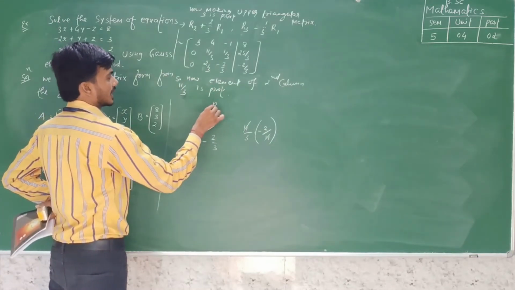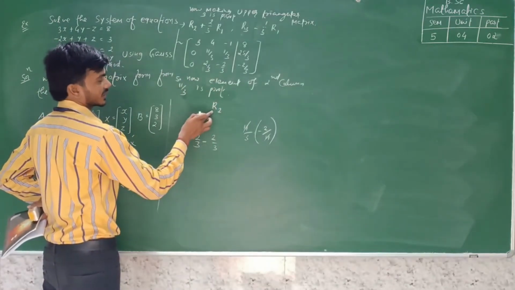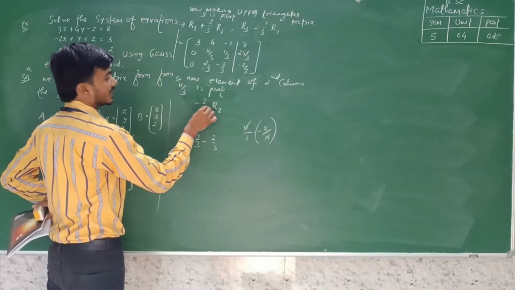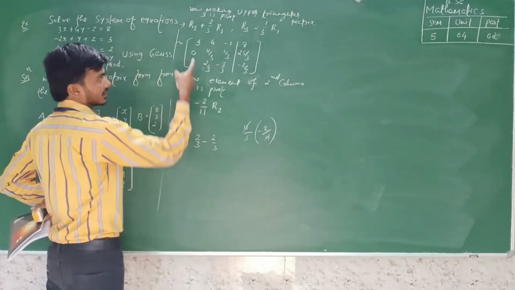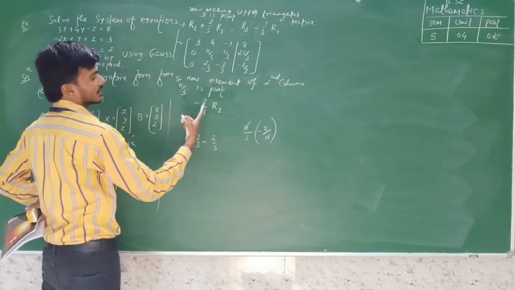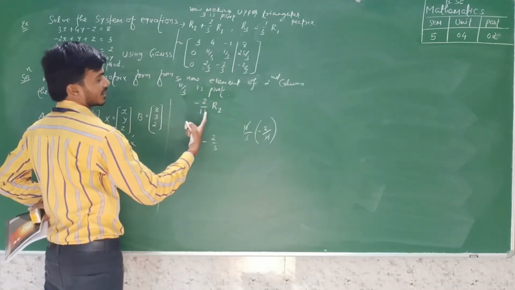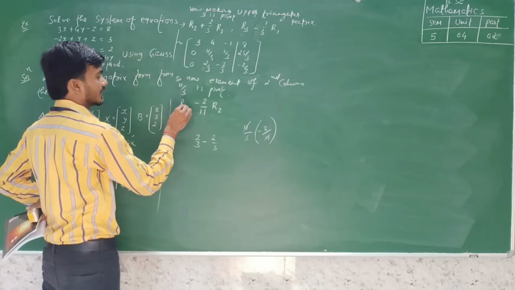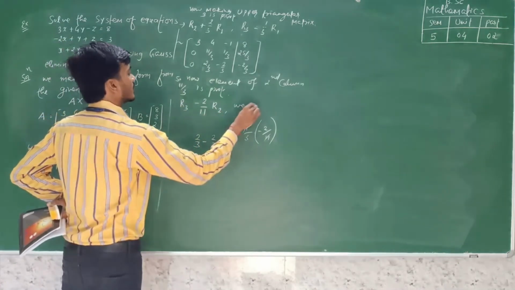So in R2, every element of the second row is multiplied by minus 2 by 11 and added into the third row.